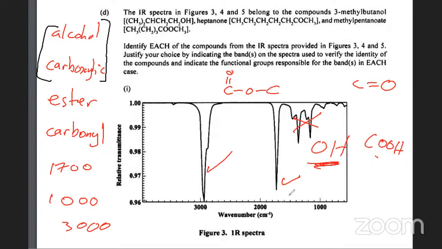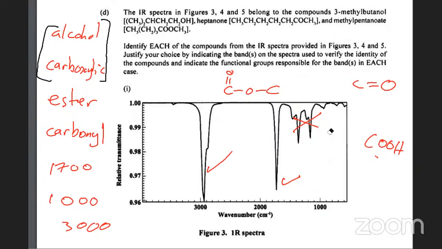This peak indicates that we have C double bond O. Notice we do not have any peak coming down at 1000 or even 1200. That peak is absent.